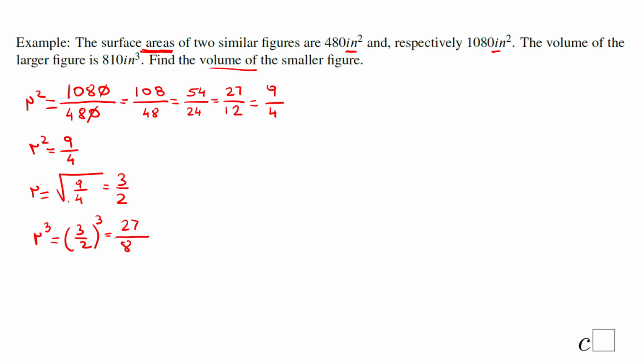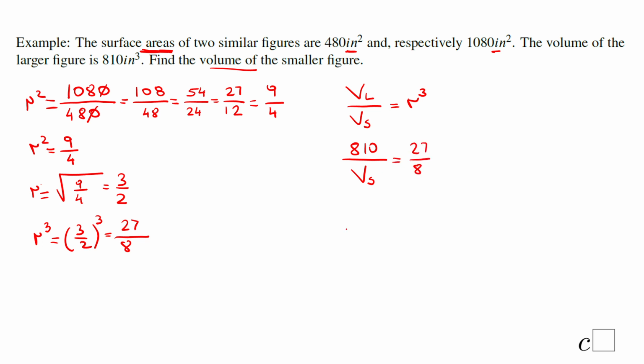I'm going to use it now for my last part of the problem. I'm going to make a ratio of the large over small, and we talk about the volume, and that will be r cubed. So in this case, we have the volume of the large figure, 810, over the volume of the small, that's what we need to find out, equals 27 over 8.